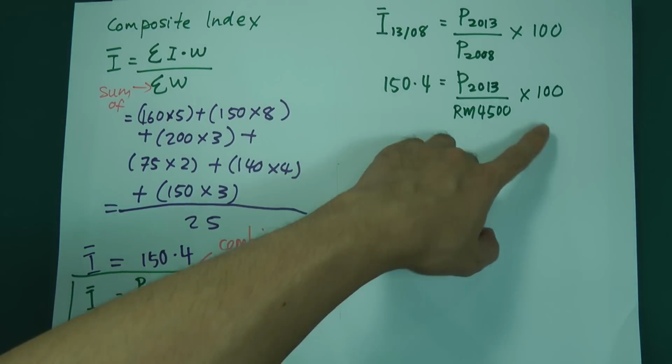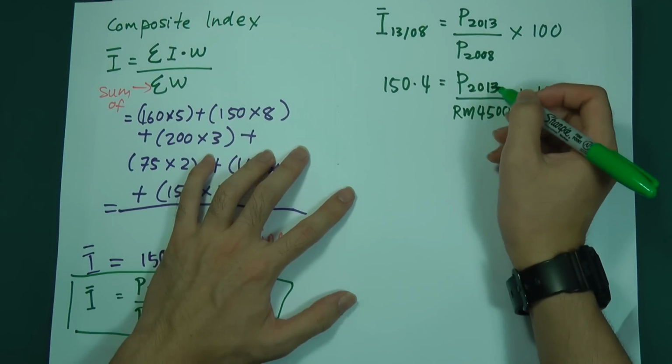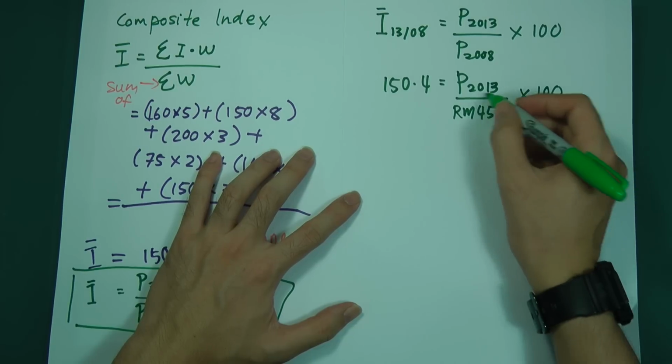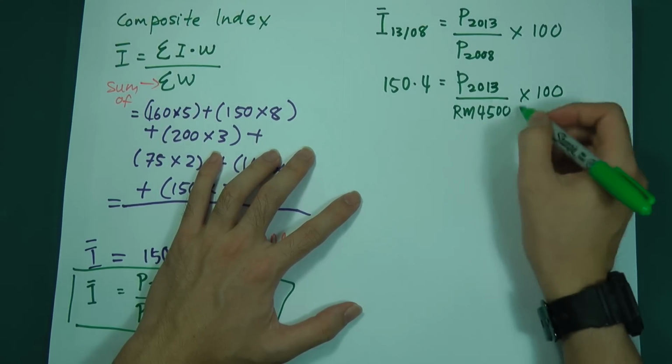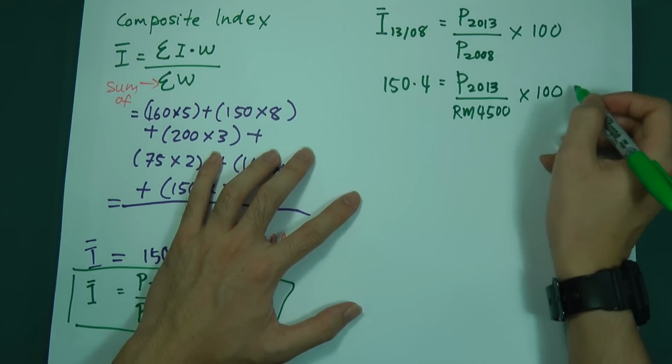Then I just move this one, then I can get the price for 2013. So this one you can move up, this one you can move down.